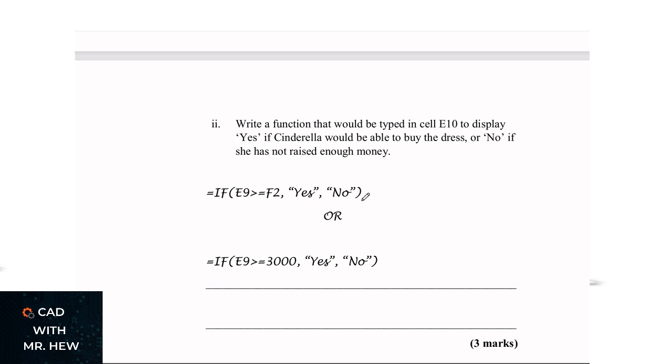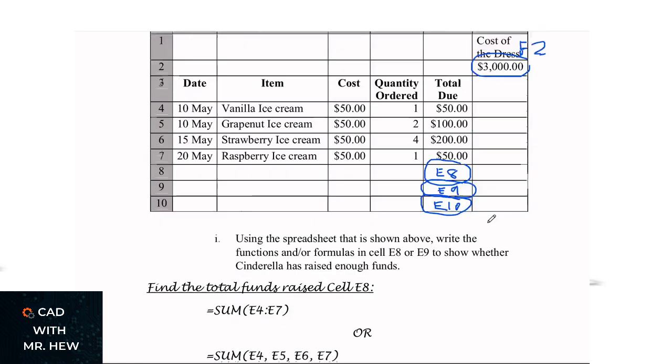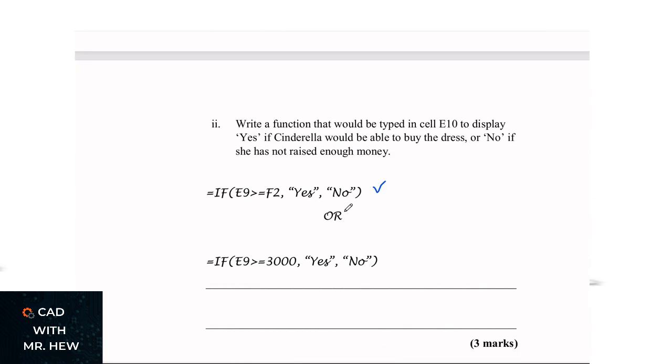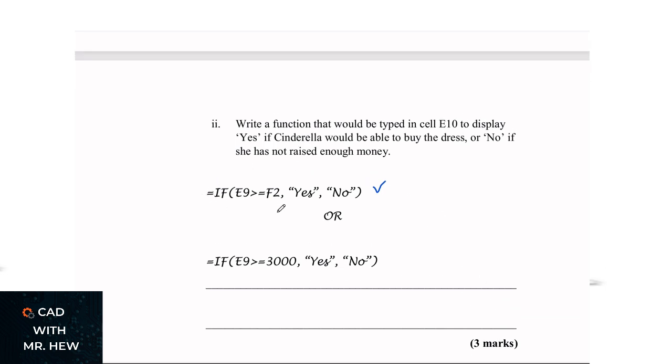So any one of these two answers would do, but this one is a better answer because if the cost of the dress changes, then you won't have to go and manually change the function here, okay? And this question is worth 3 marks. So this is a preferred answer.